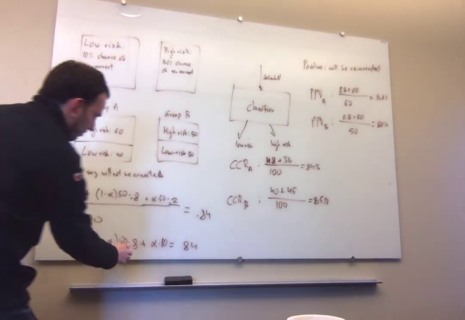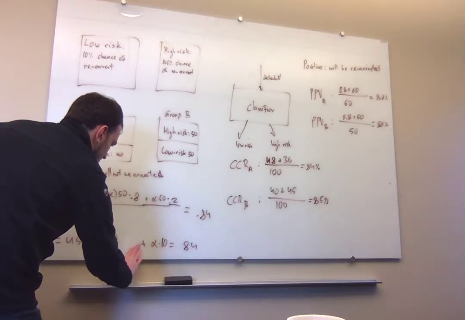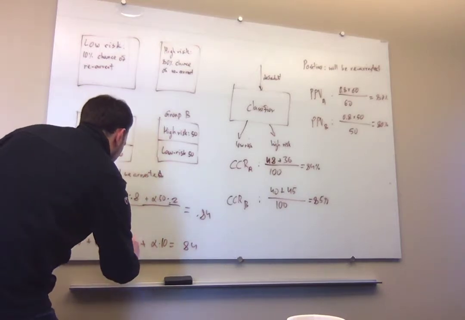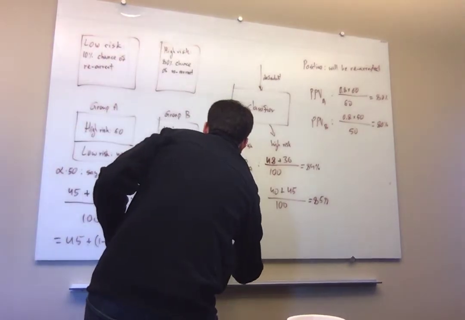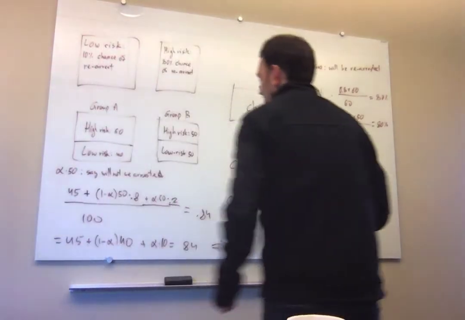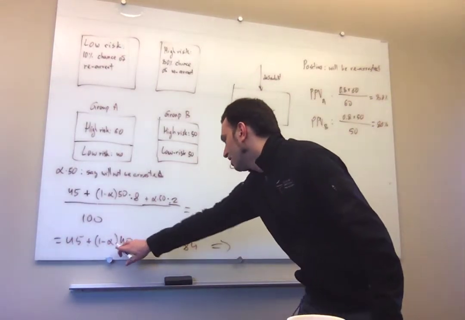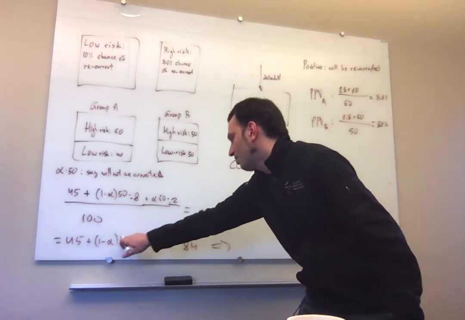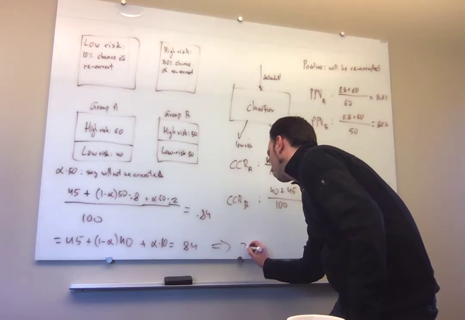So 50 times 0.8, that's 40. I'm going to rearrange terms here, and I hope I'm not going to get anything wrong, although it could happen. So here I have 10 alpha minus 40 alpha, so in total, I'm having 30 alpha.